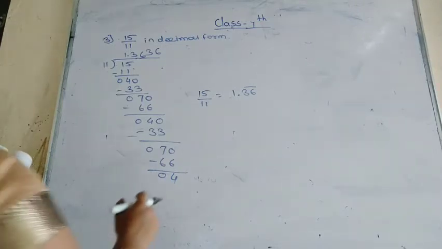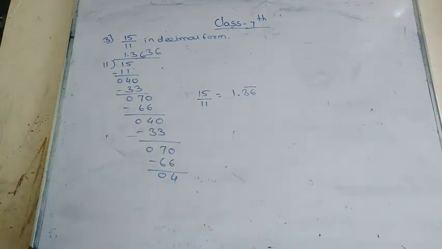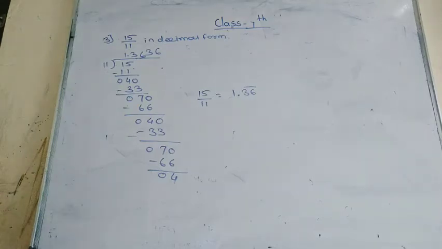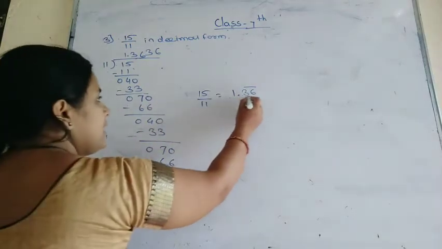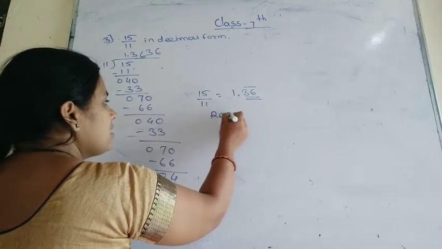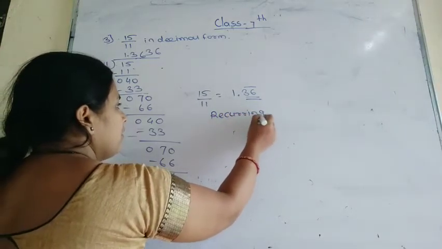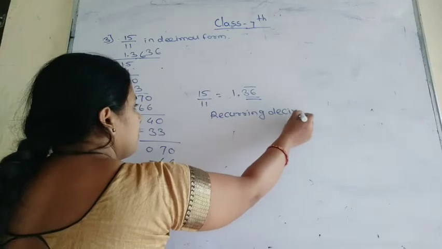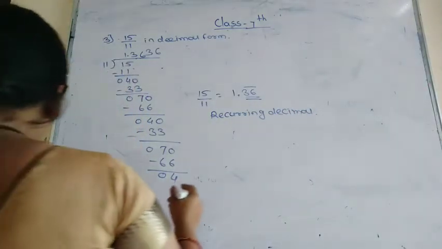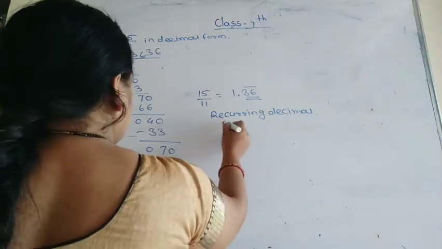Here in this third example, a single digit or a group of digits occurs repeatedly on the right of the decimal point. This type of decimal form is called recurring decimal form.